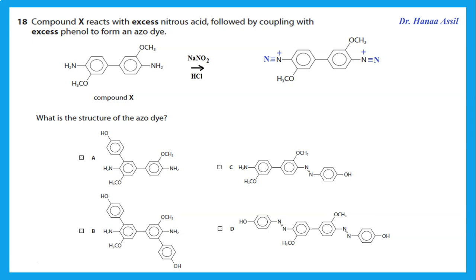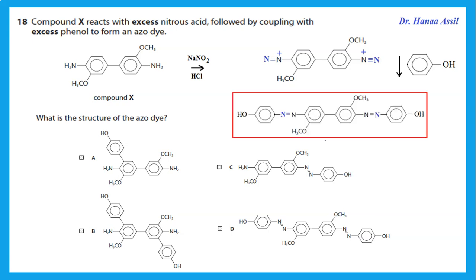So this is the salt formed. We form diazonium salt. This is excess. So each of the amines will form a diazonium salt. Now we're reacting it with excess phenol. That means the phenol will attach to each of these diazonium salts. So this is our product. Which one of these is correct? That's the one in D.